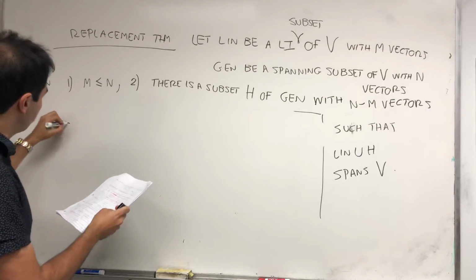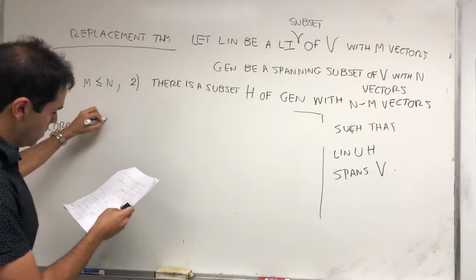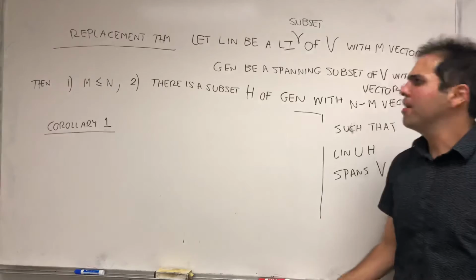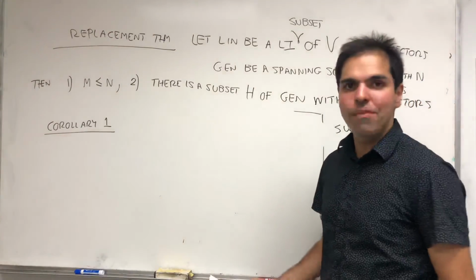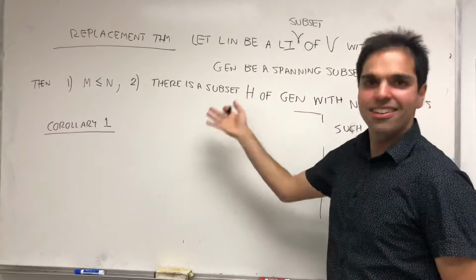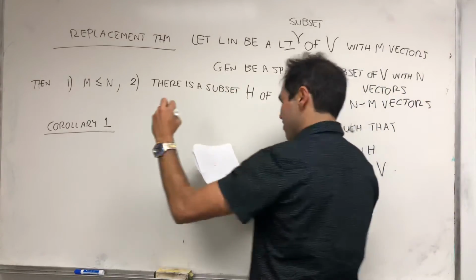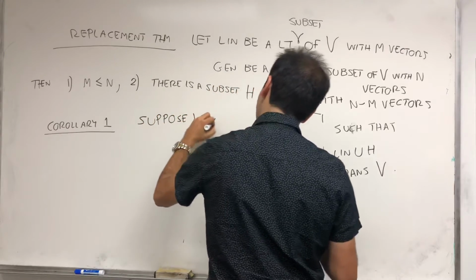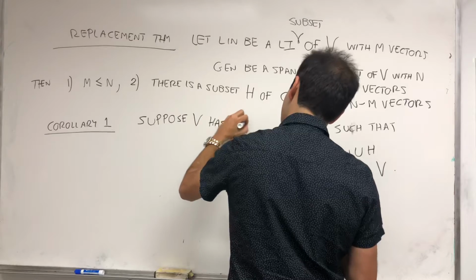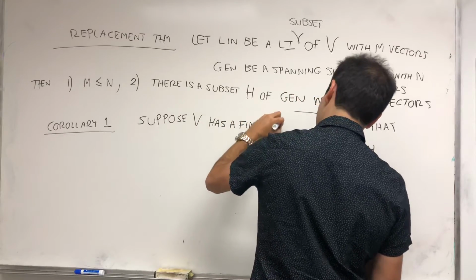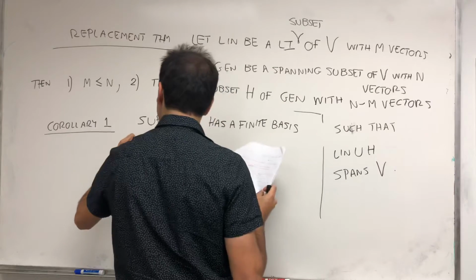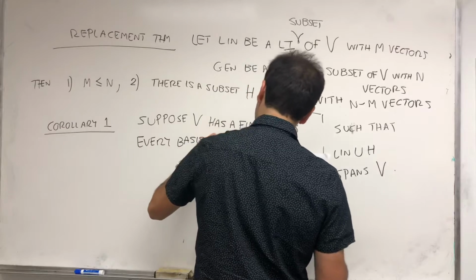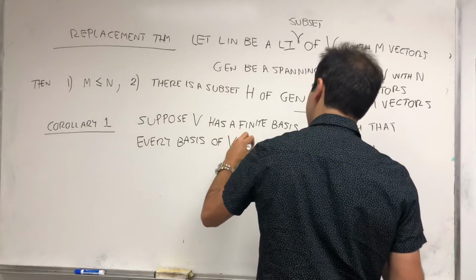So corollary 1. And we'll do it for finite dimensional vector spaces. I'm guessing it's also true for infinite dimensional ones, but the replacement theorem only works for finite stuff. So suppose V has a finite basis. Then every basis of V has the same number of vectors.